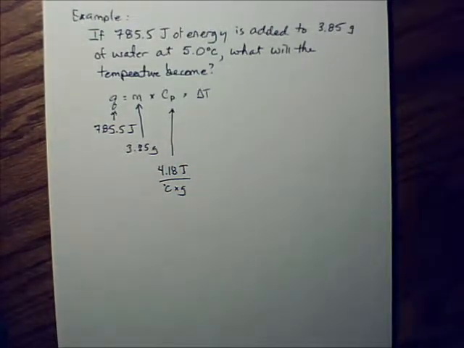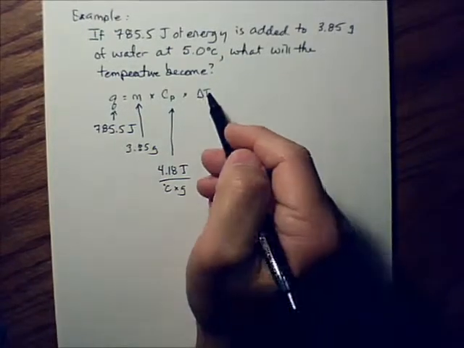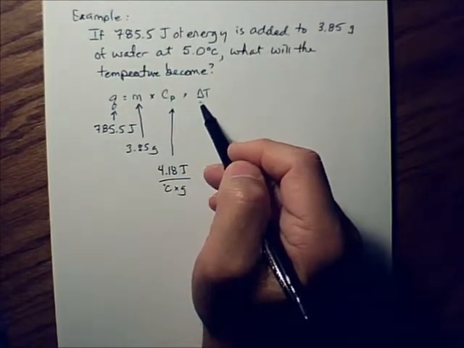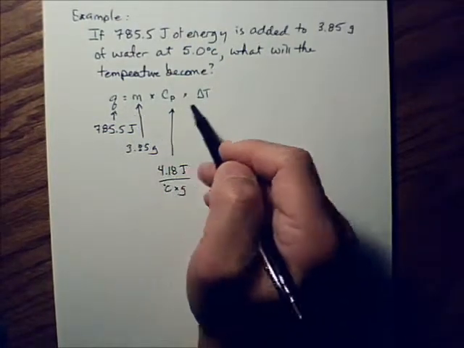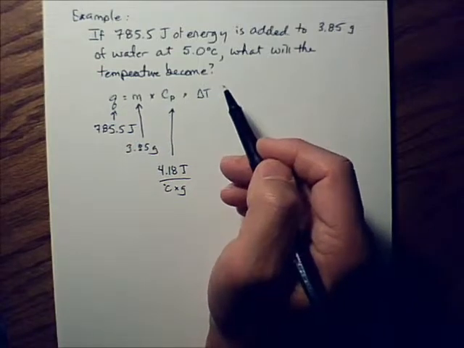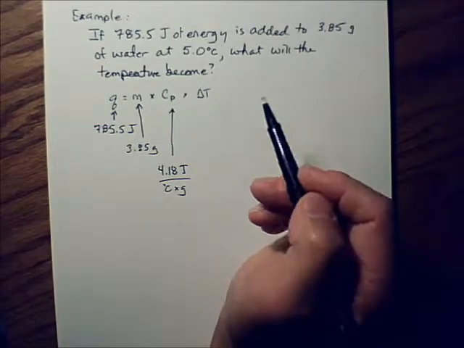All right. What we don't have is the change in temperature. We just have a beginning temperature, don't we? So what we want to find out first is the change in temperature. Do we have everything we need? Yeah, we do. If we have an equation that has 4 variables in it, and we have 3 of the 4, you can find the 4th.